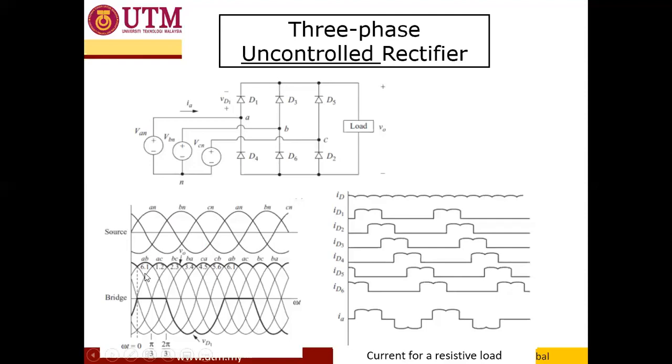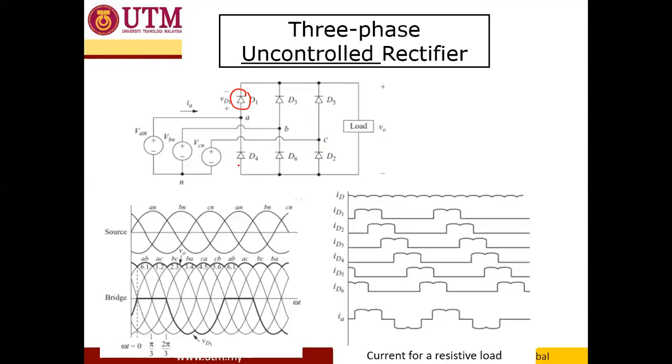For this instant here, we see that VAN is more positive compared to VBN and also VCN. Meaning the diode whose anode is connected to phase A will turn on, so D1 will turn on, because VAN right now is the most positive compared to VB and VC.